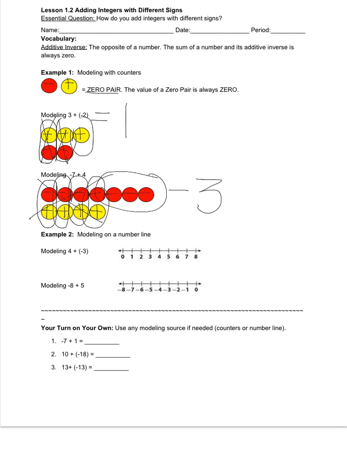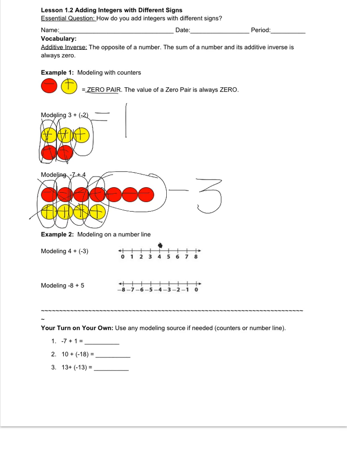Now we can also model these problems using a number line. So to model this problem, 4 plus negative 3, on a number line, we start by plotting a point at our first number, so at 4. So I've plotted my point at 4. Now, because I'm adding negative 3, I need to know which direction the negatives are.